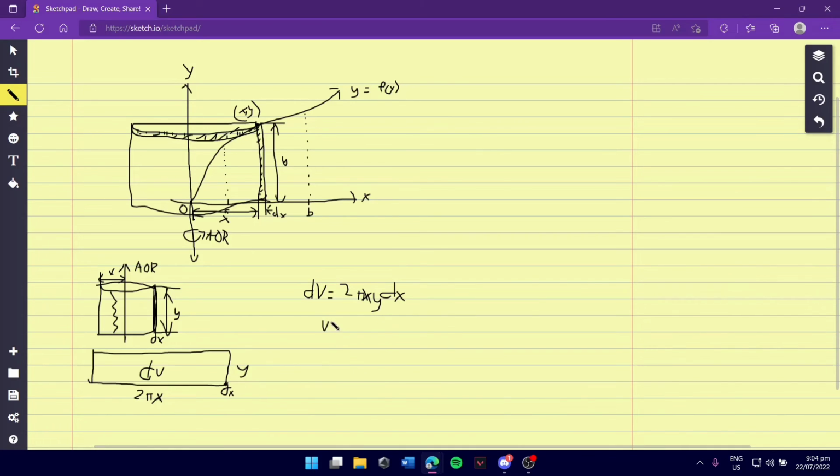So differentiate both sides. We have the differential of 2 pi x y times your dx, and our limit is from a to b, right? A to b. Now, this is your formula for your shell method.